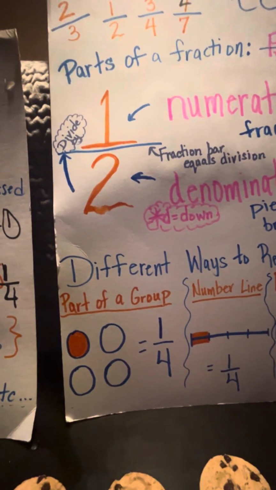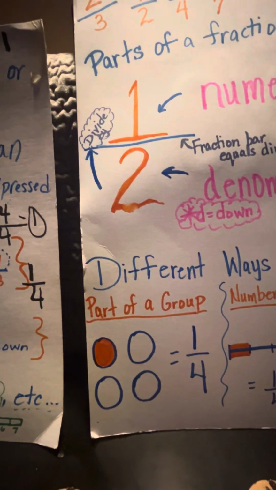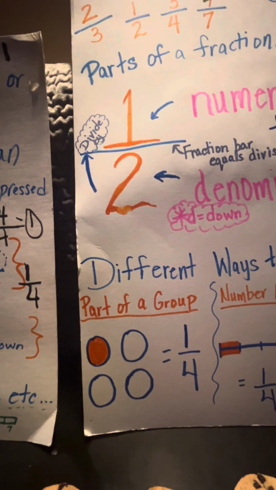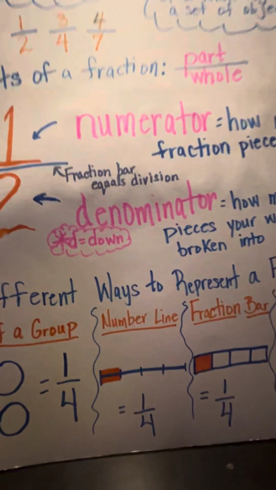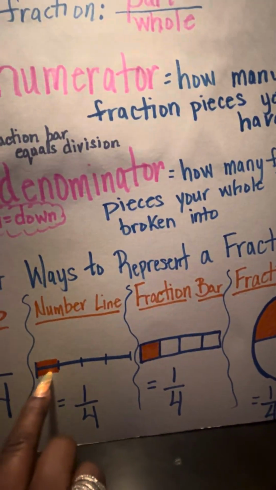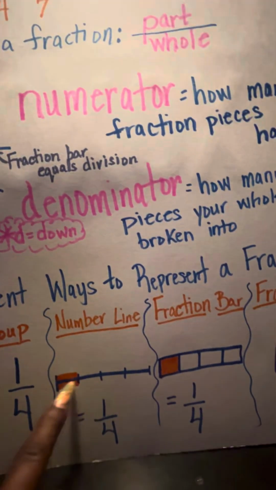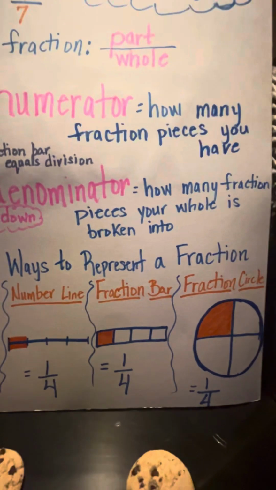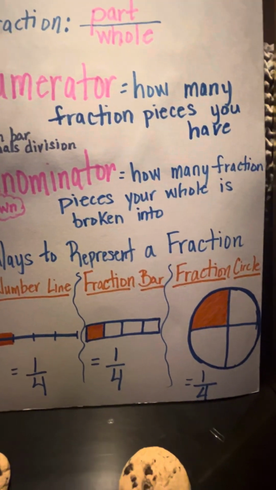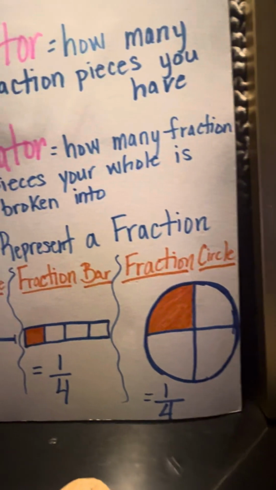Here is part of a group. 1/4 is shaded. We have 4 circles. Can you tell me how many is shaded? Right, 1. Here we did the number line. 1, 2, 3, 4. We shaded. Also, I would show my students the fraction bar is another way to figure out fractions. And last would be the fraction circle.